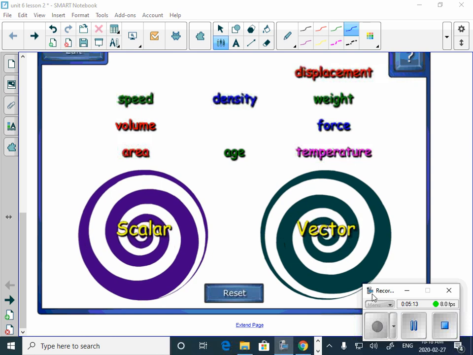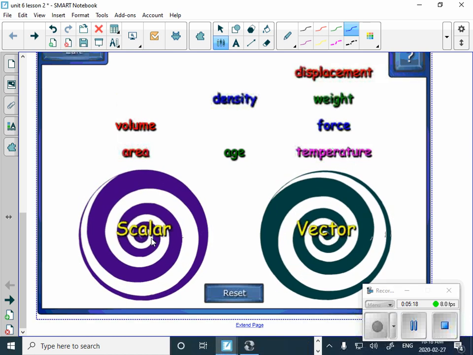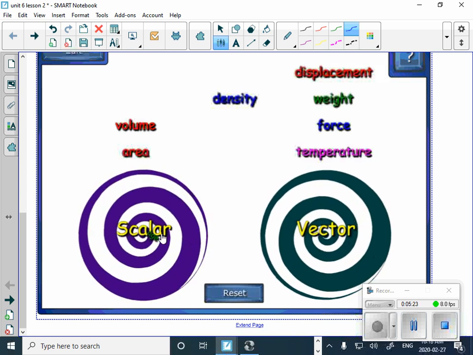So things like speed just has a magnitude. It would be a scalar. My age is just a number, 29, and it is a scalar.